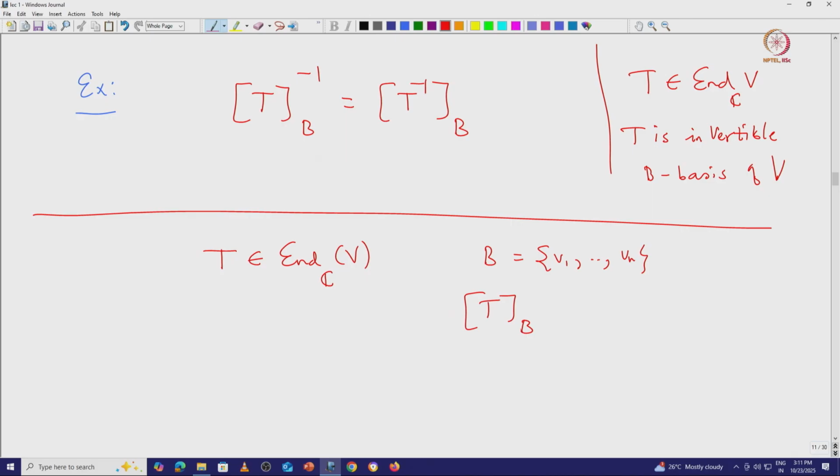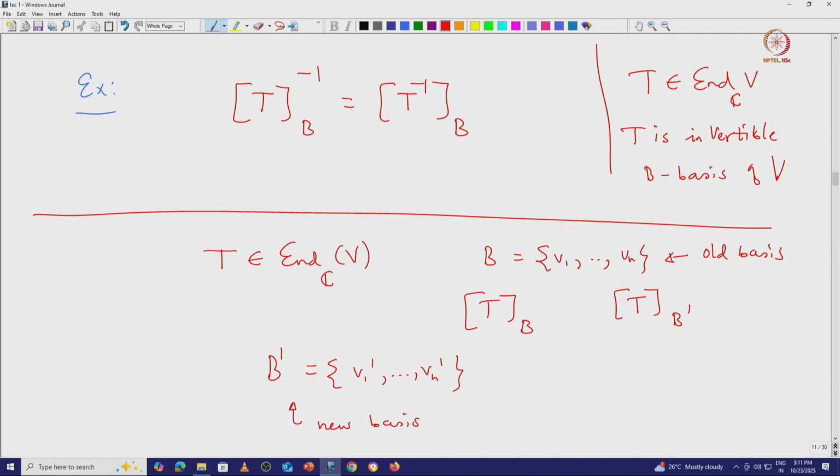Now if I change the basis B to some other basis B dash, let us call it v1 dash, etcetera, vn dash. This is the old basis which is fixed for us, and then we are changing it to a new basis, let us call it B dash. Then there is a matrix of T with respect to B dash.